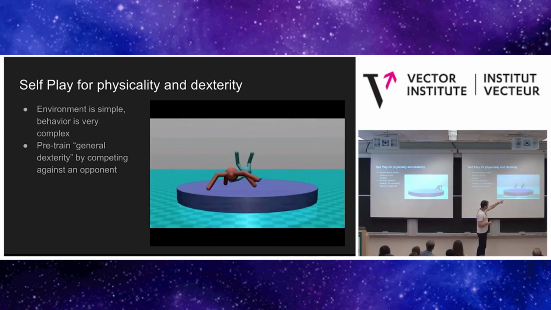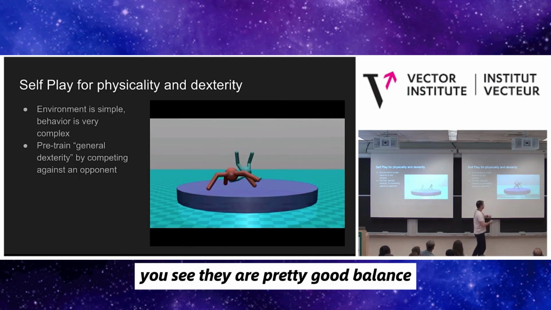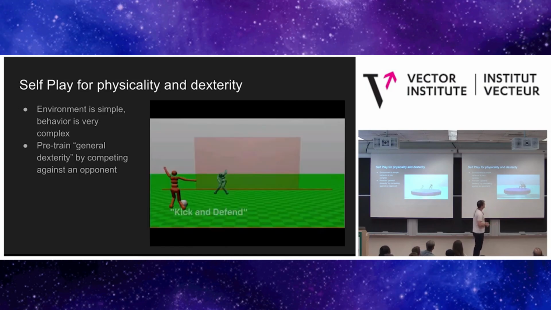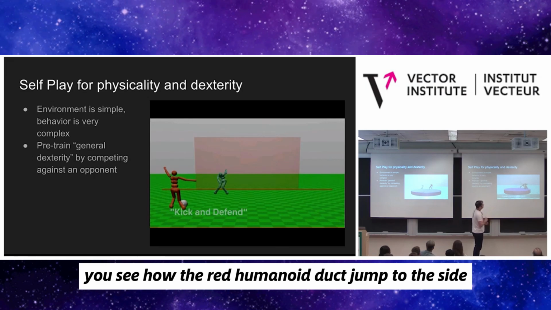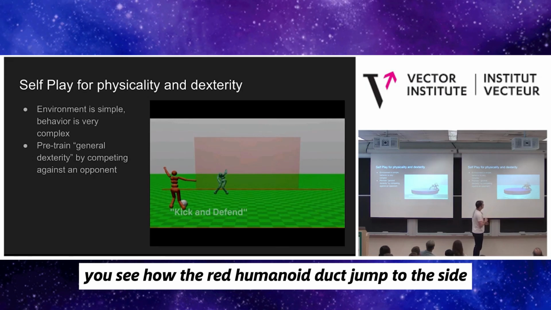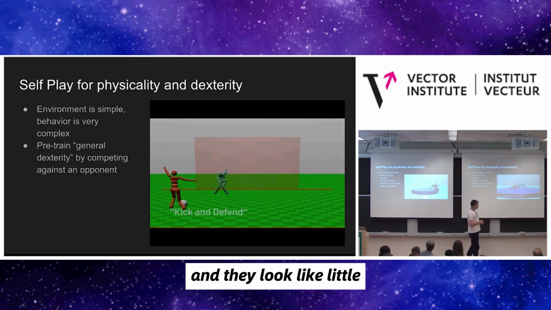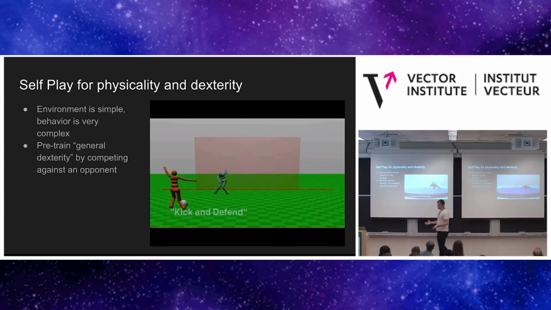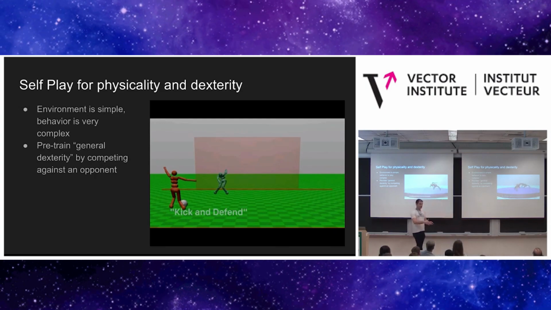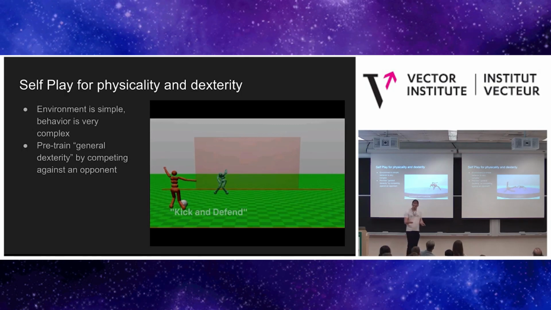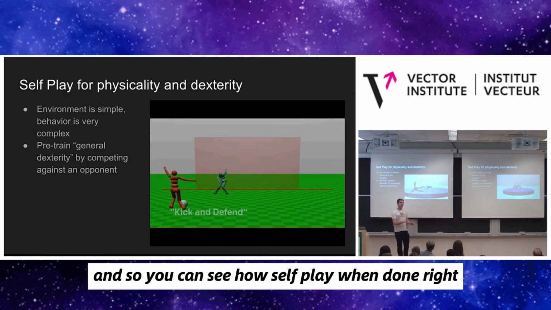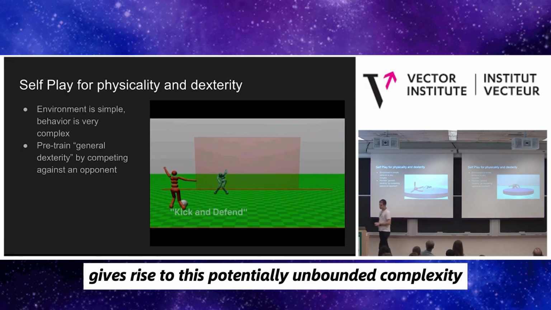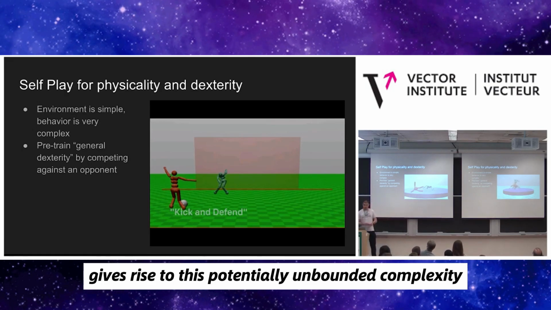And you see, they have pretty good balance. You see how the red humanoid ducked. It jumped to the side. And they look like little ducks. And so you can see how self-play, when done right, gives rise to this potentially unbounded complexity.